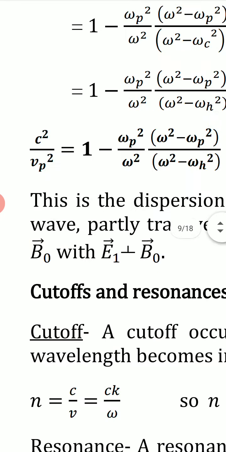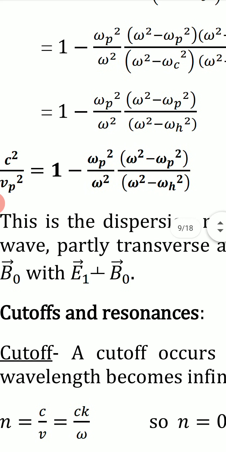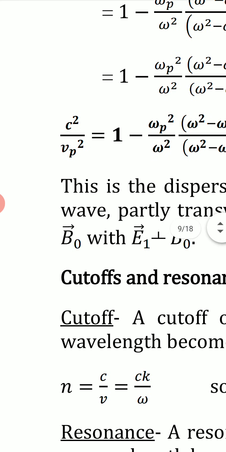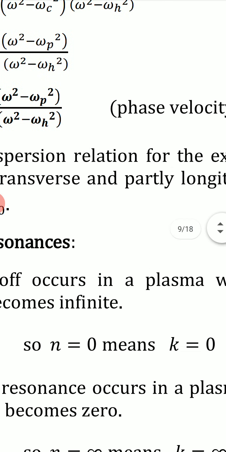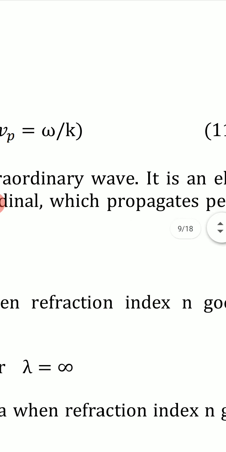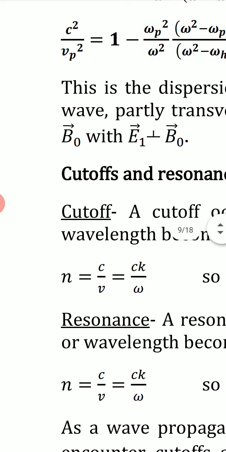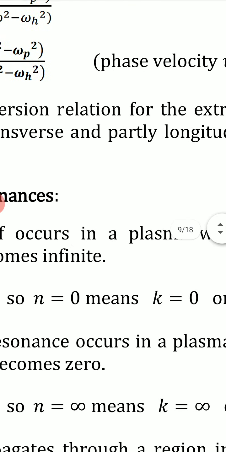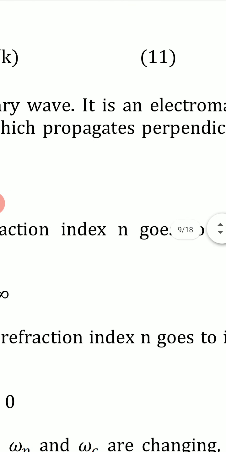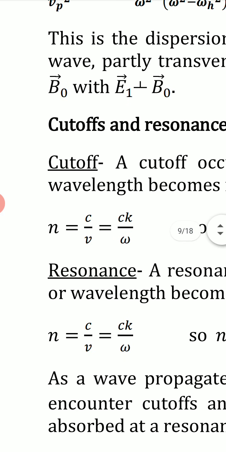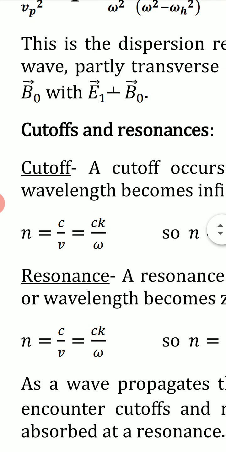Then c square upon Vp square will be equal to 1 minus omega p square upon omega square into omega square minus omega p square upon omega square minus omega h square. This is the dispersive relation for the extraordinary wave. It is an electromagnetic wave which is partly transverse and partly longitudinal, which propagates perpendicular to B0 with E1 vector perpendicular to B0 vector.